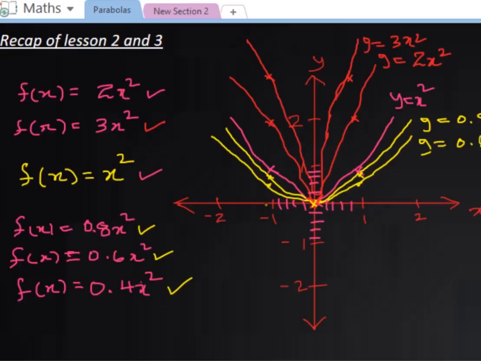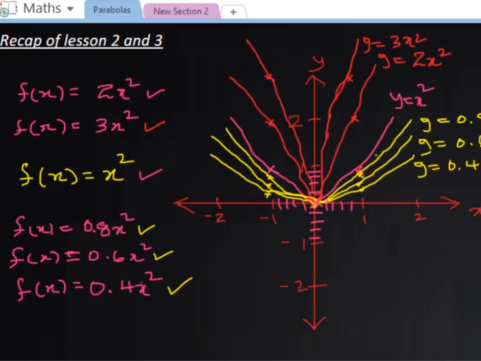The first one being -1 and 0.4. 0.4 will be a point below the one of 0.6 x squared, the 0 and 0, and another point below this one, which is 1 and 0.4. We go ahead and plot the graph, and we get the plot like that with the equation y equals 0.4 x squared.